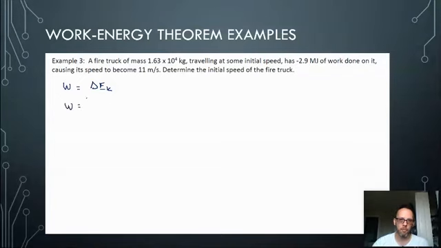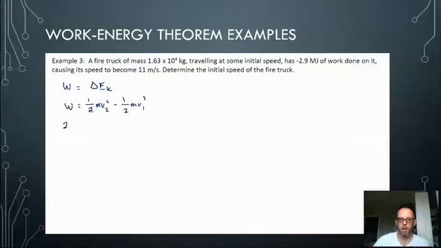So work equals, and I'm just going to go right to 1/2 mv2 squared minus 1/2 mv1 squared. You can just plug everything in and solve in this case. I might rearrange for v1 first and review a few math skills with you.